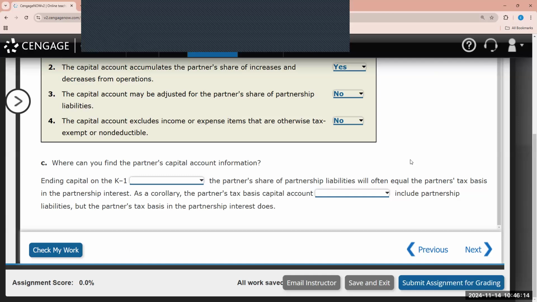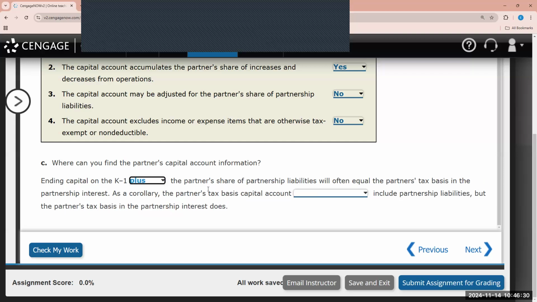So here it asks, where can you find a partner's capital account information? So the ending capital on the K-1 plus or minus the partner's share of partnership liabilities will often equal the partner's tax basis. So it will be the ending capital plus the partner's share of partnership liabilities will often equal the partner's tax basis in the partnership interest. As a corollary, the partner's tax basis capital account doesn't include partnership liabilities.